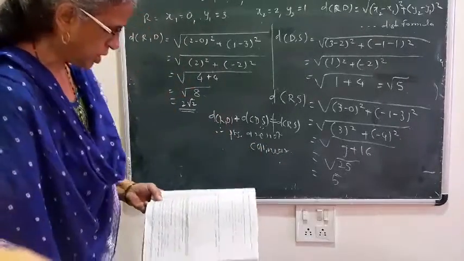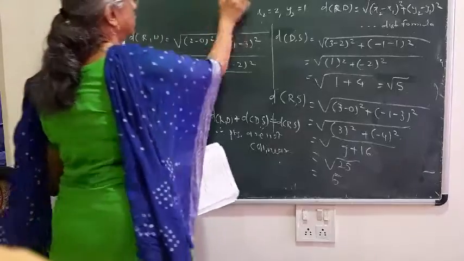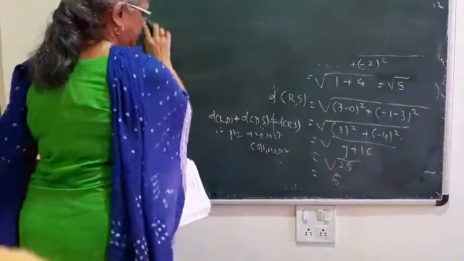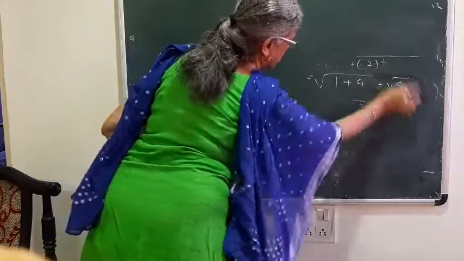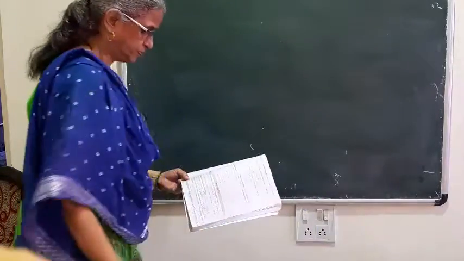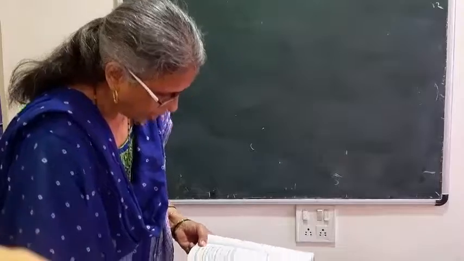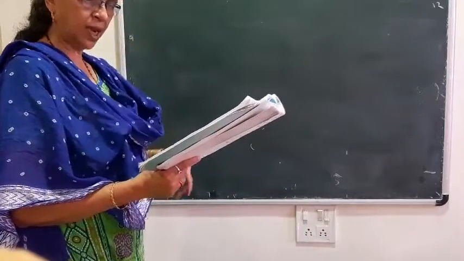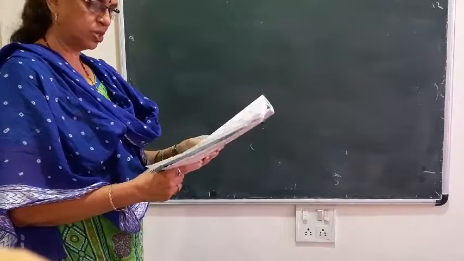Now question number 3 we are going to solve, which is somewhat different. I will read the sum. Find a point on x-axis which is equidistant from A minus 3, 4 and B 1, minus 4.